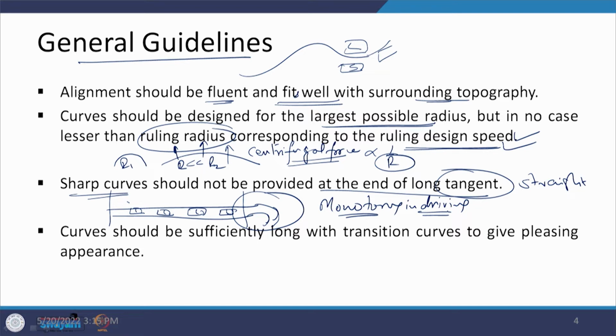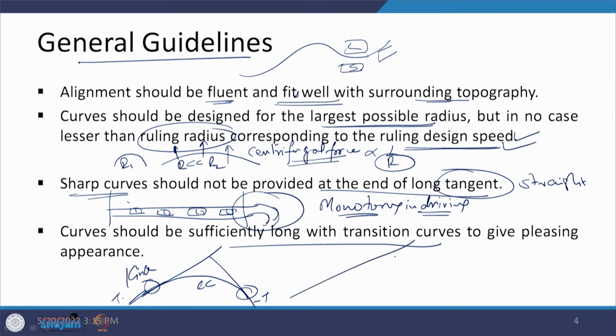Now, curves which are being provided should be sufficiently long with transition curves. The reason being that if we are providing, say, a tangent like this and a circular curve is being provided in this form, there is going to be a sort of jerk or kink at this point. Okay, so, this is a circular curve, and there is a tangent on this side and a tangent on this side.